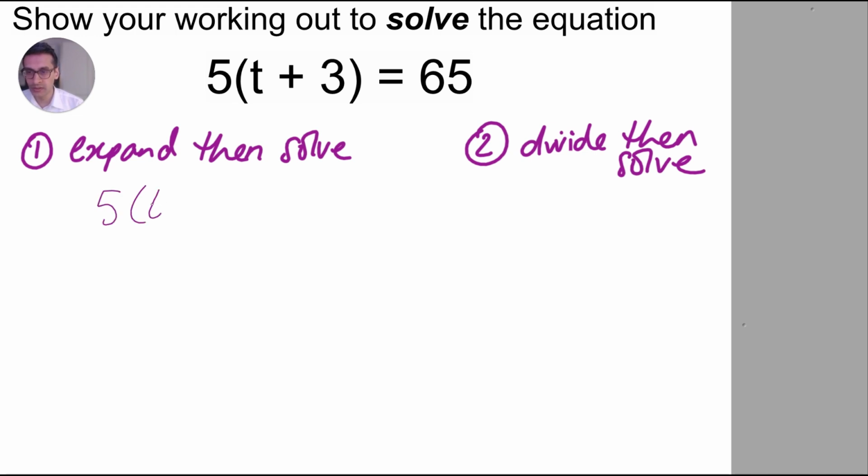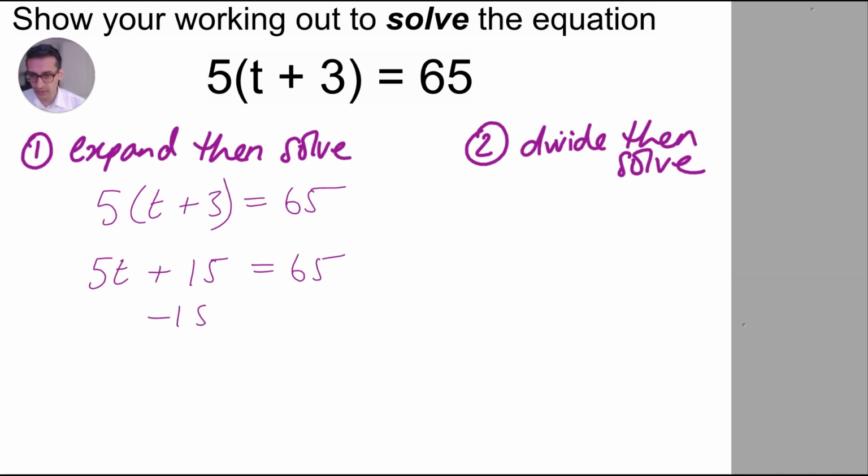5 brackets t plus 3 equals 65. So expand the brackets out, so you're going to get 5t, we're using the distributive law, plus 5 times 3 is 15, and that's going to equal 65. Now I'm going to do 65 take away 15, so I'm going to write that here because I'm going to get a 0 pair with the 15, and then I'm going to take away 15 on this side.